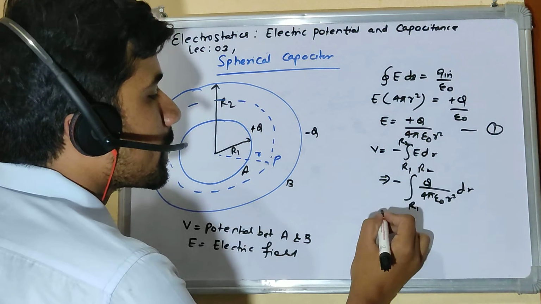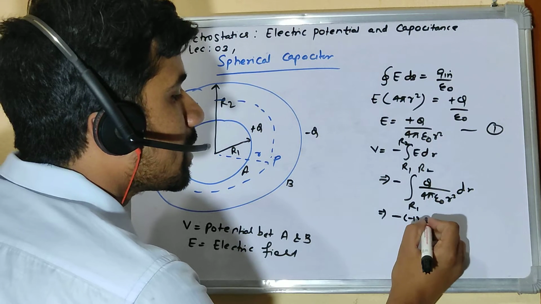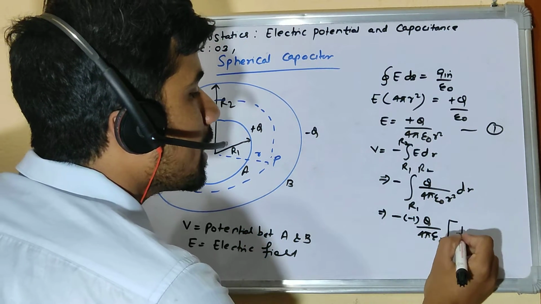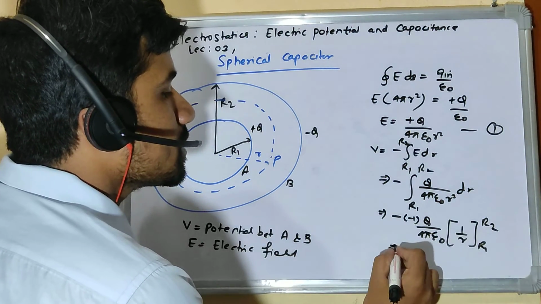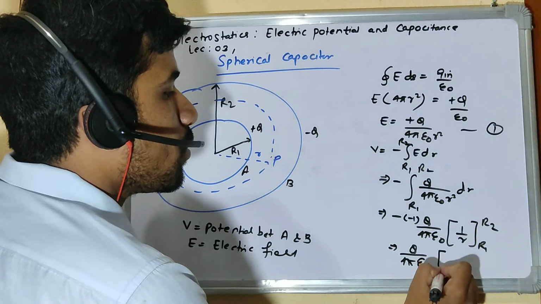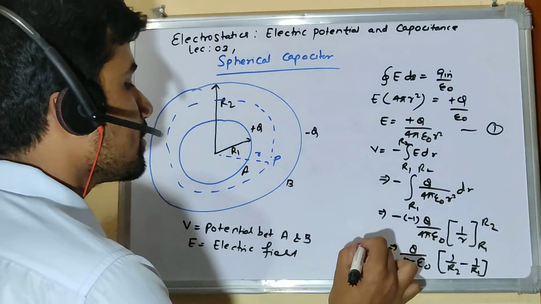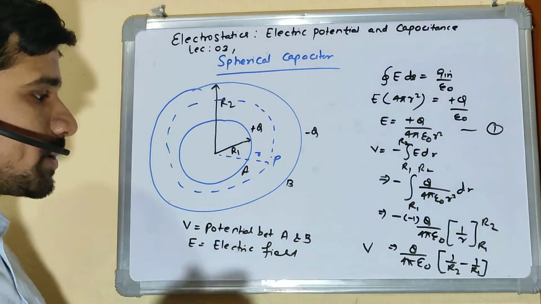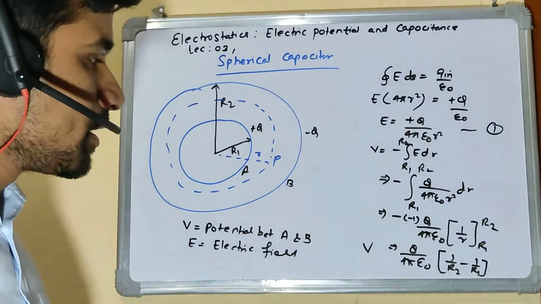With the minus sign, another minus comes from the integral, so minus q by 4 pi epsilon naught times 1 by r, from R1 to R2. So this is q by 4 pi epsilon naught times 1 by R2 minus 1 by R1, which is nothing but V.